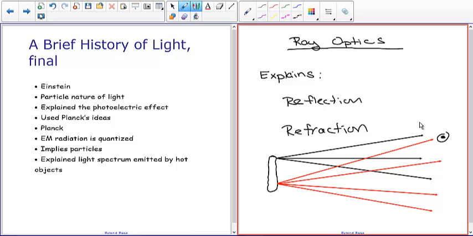So we are capturing this ray of light from this point. This ray of light we don't see because it's going somewhere else. So we're only collecting certain rays from each one of those points, and we take all those different rays and process it through our eye to perceive sight. So that's what we mean by ray optics. We're going to be drawing a lot of lines with arrows on them.